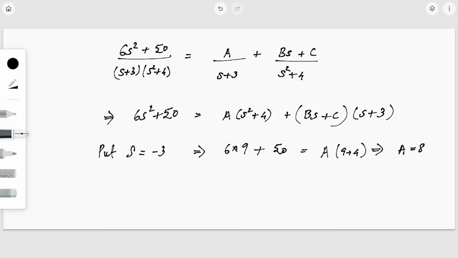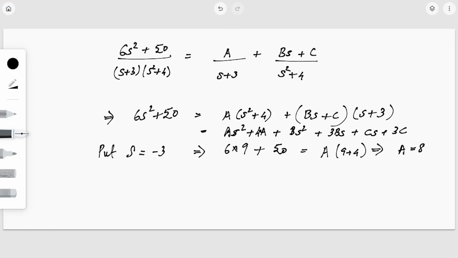Okay, now what we do is we equate the coefficients of s², to find B and C. Here I'm just expanding it: As² plus 4A plus Bs² plus 3Bs, just opening up the bracket, Cs plus 3C.